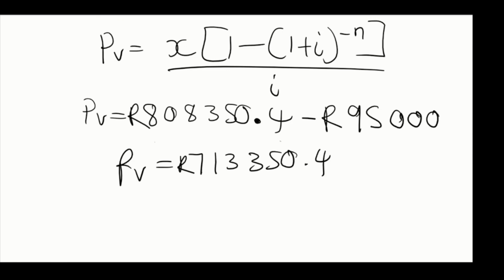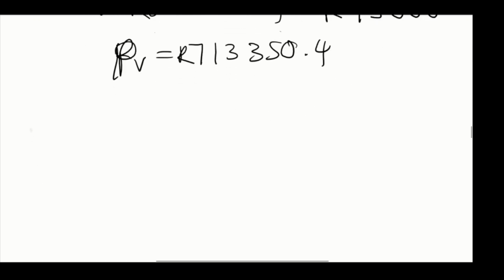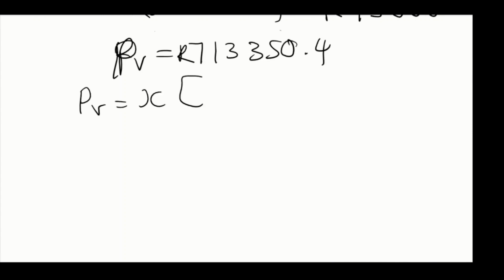This is now the new present value of the problem. So we're going to say PV equals x into 1 minus 1 plus i to the power of minus n, over i.